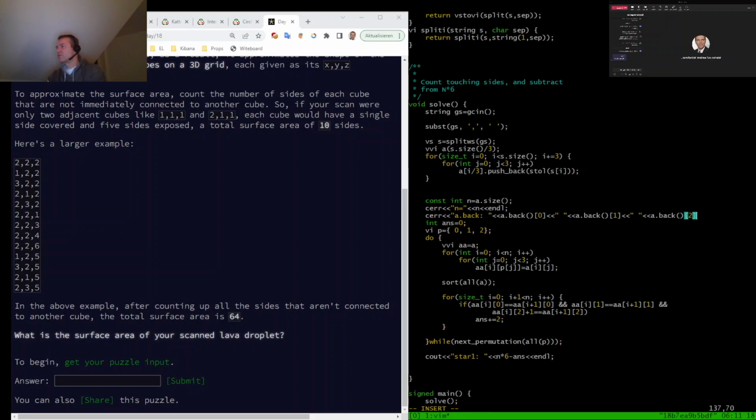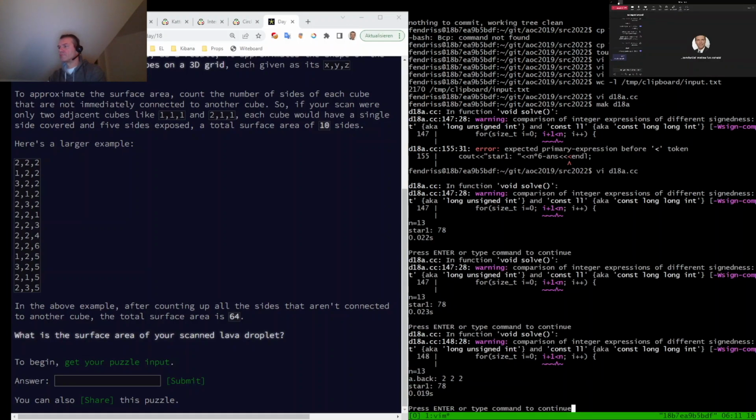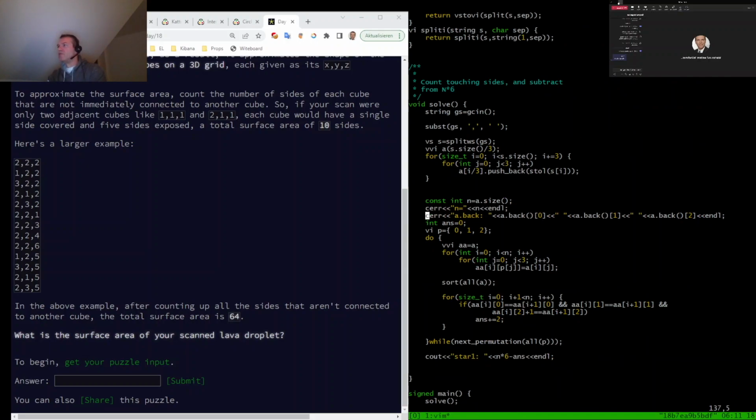Check if the parser works correctly. 2 2 2 is the last one. This is not good. Why is this?